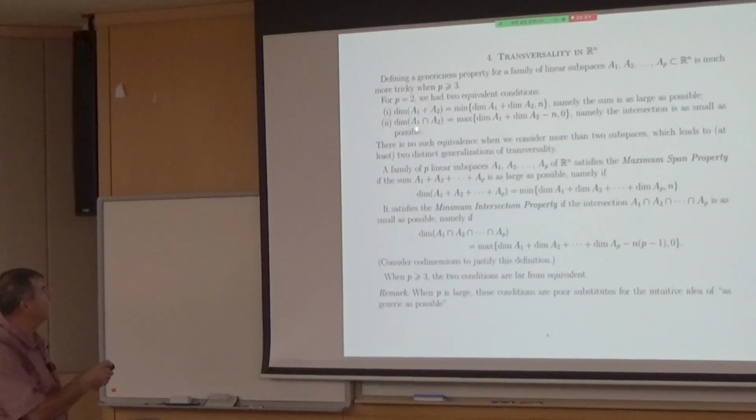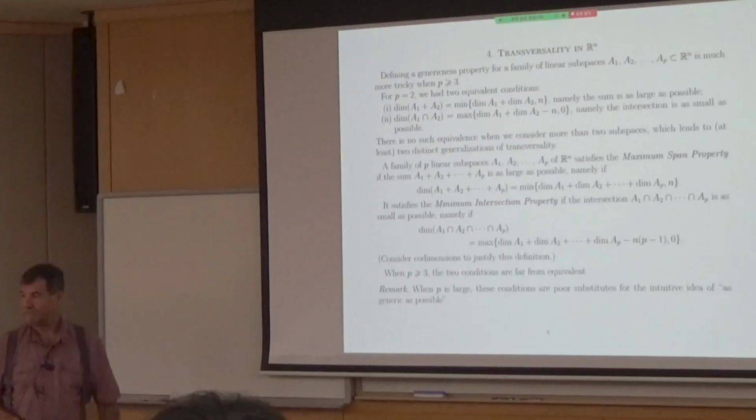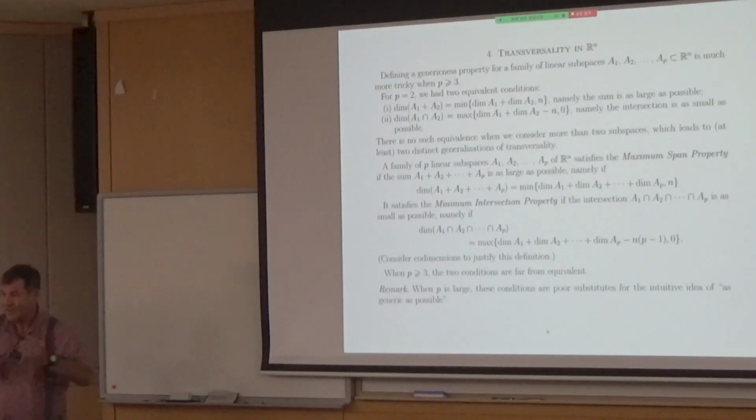So the natural generalization would be to say that a family of p linear subspaces satisfies the maximum sum property if the dimension of the sum of the spaces is equal to either the sum of the dimensions of the spaces or n, whichever is smaller. Okay, that's if you like to take sums, but you could like to take intersections.